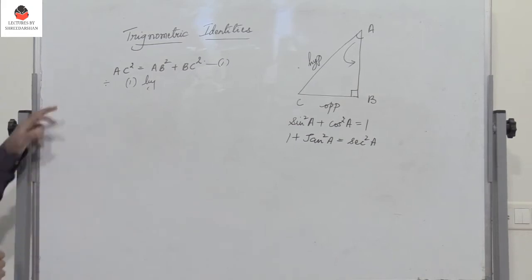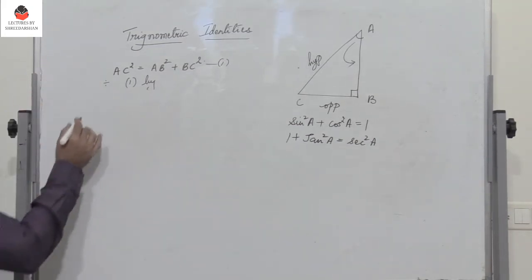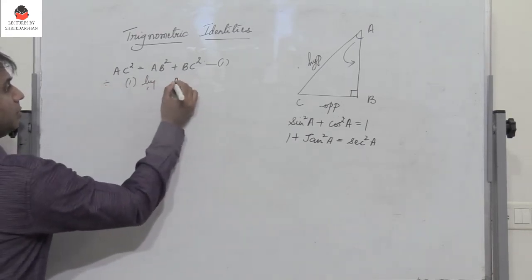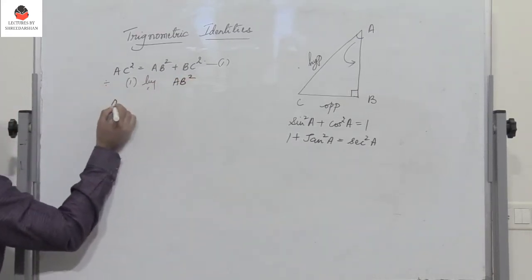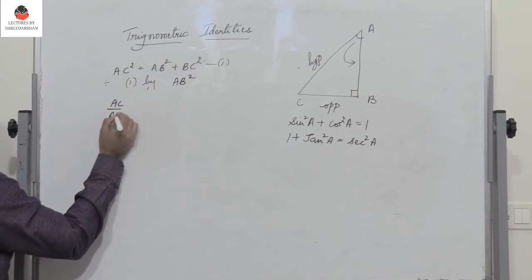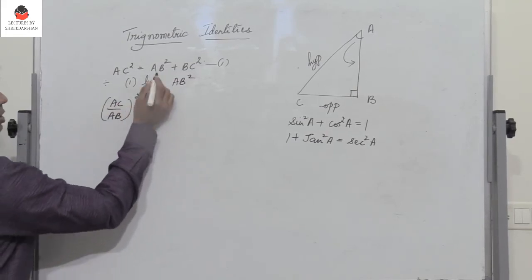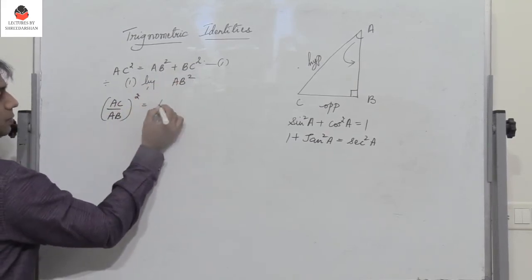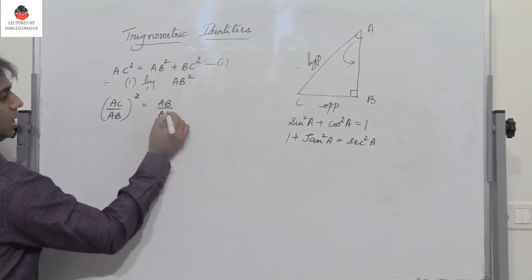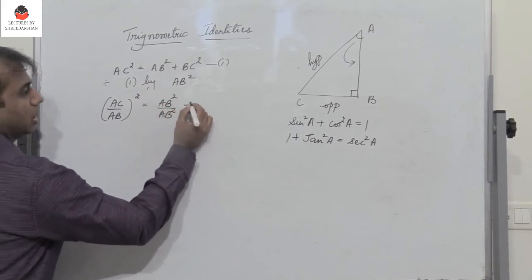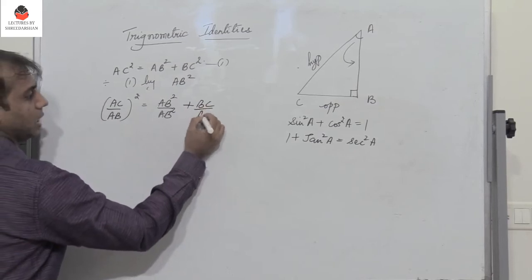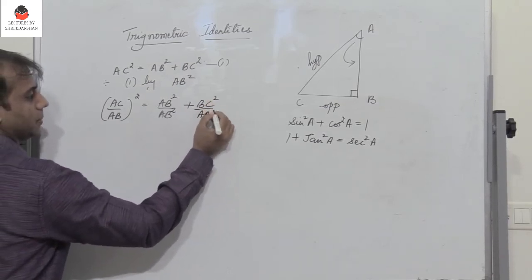So again we consider this expression by Pythagoras theorem. So now let me divide 1 by AB square. So you have AC by AB the whole square equals, so I am dividing RHS by AB square, so I have AB by AB square plus BC by AB square.